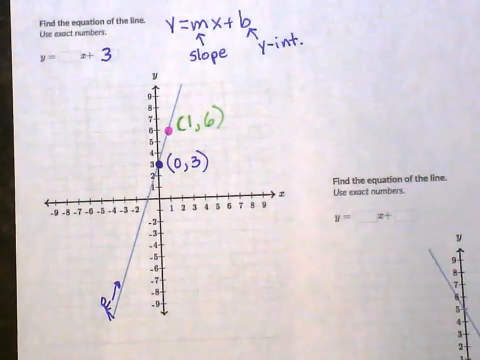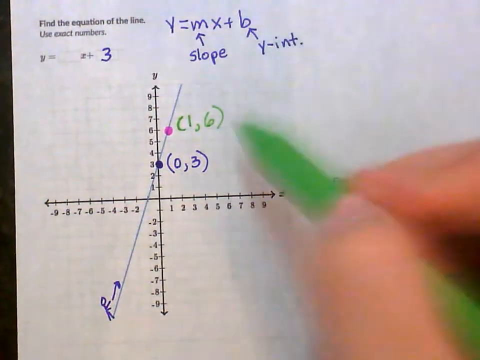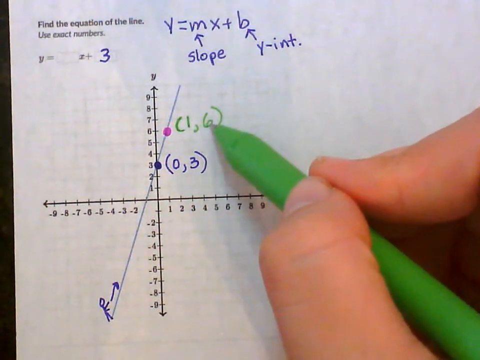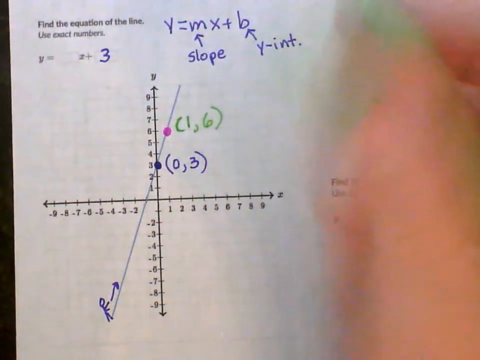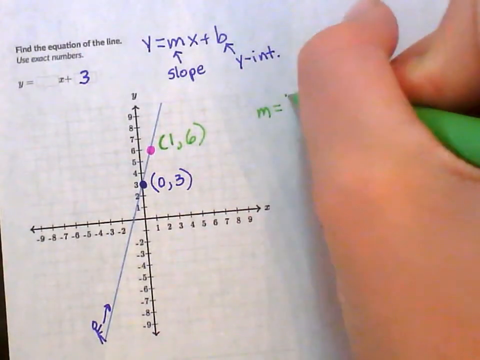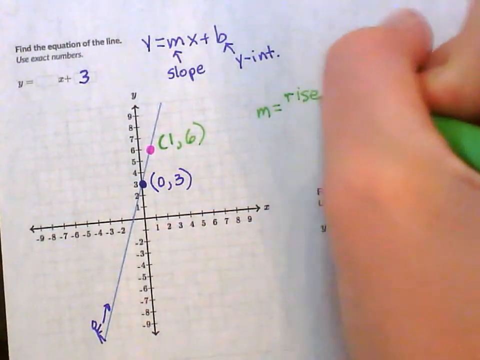You can do it by the leaps, or you can just say, change in y. The y is changing from 3 to 6, because slope is change in y over change in x. It's rise over run.